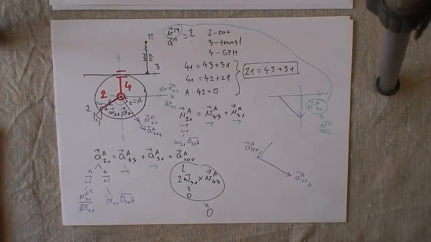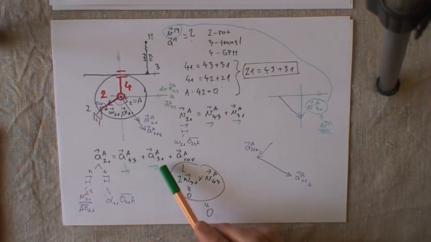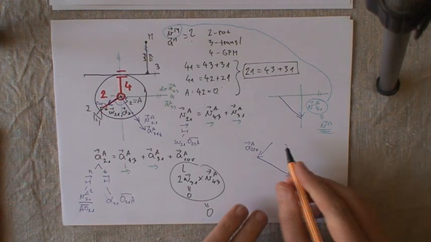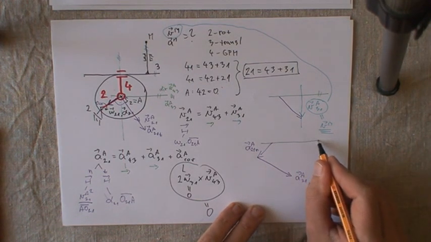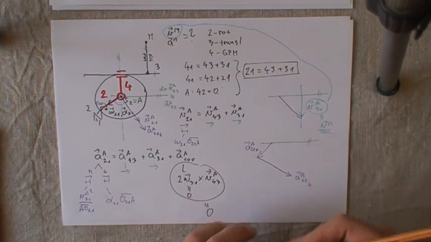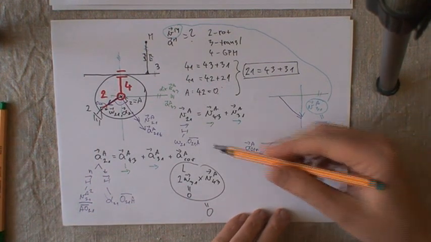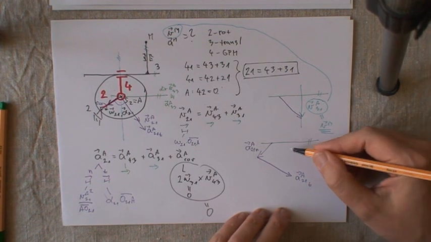And here we have only two directions, AA43 and AA31. The 43 direction is the same as the direction for velocity, and 3,1 again is the same as the direction for velocity because it's translation.